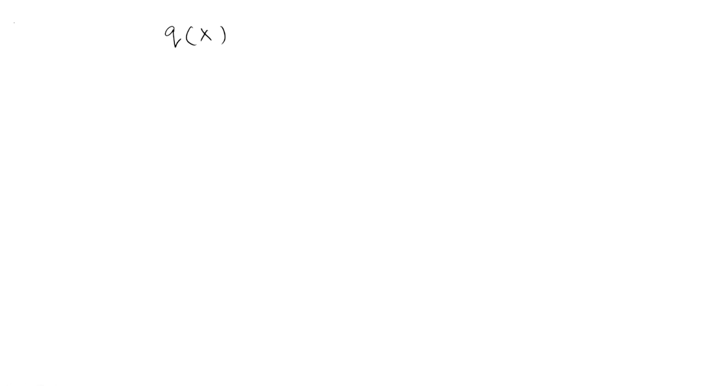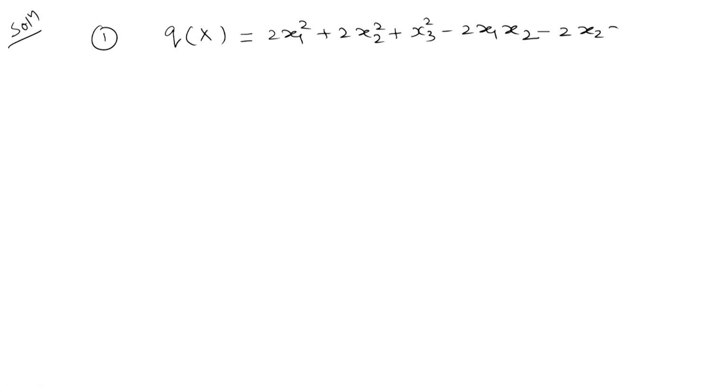So, the solution: q(x) is given as 2 x1 square plus 2 x2 square plus x3 square minus 2 x1 x2 minus 2 x2 x3.